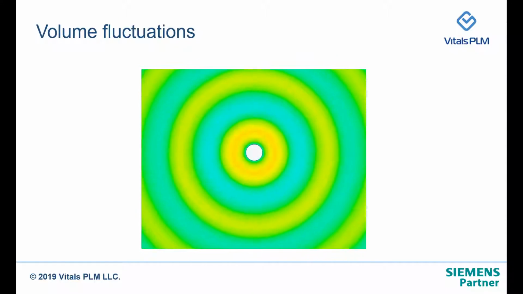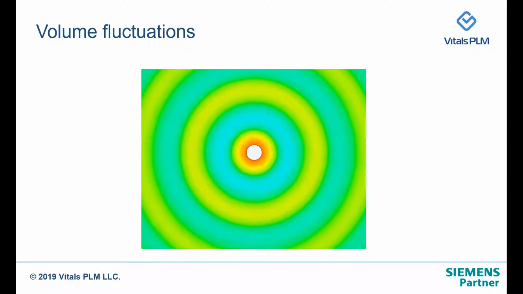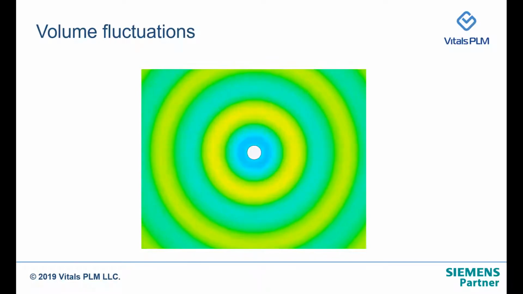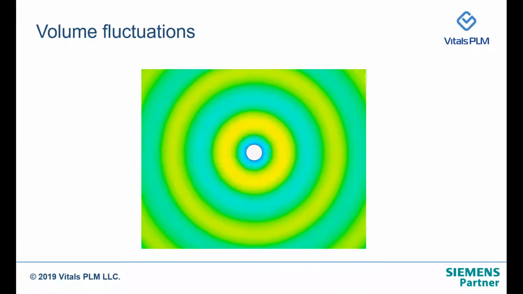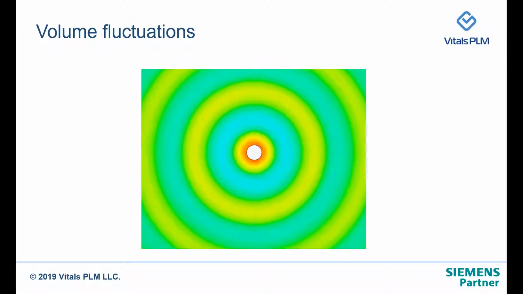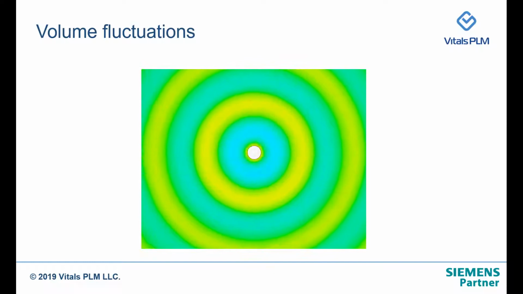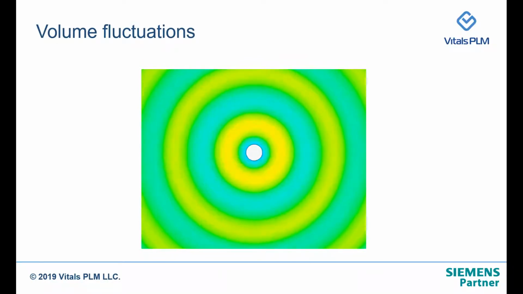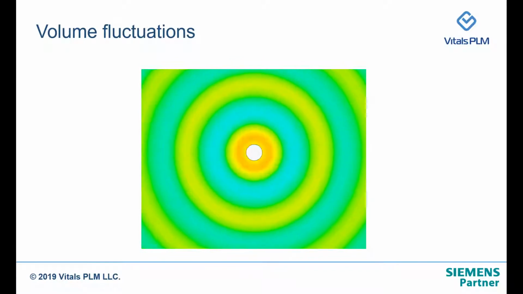Here we see volume fluctuations as a source of sound. In this example, what we see is a pulsating sphere sitting at the center of the domain, and because of its pulsation, it creates fluctuations in the pressure field inside the domain, and that would become a source for the sound.